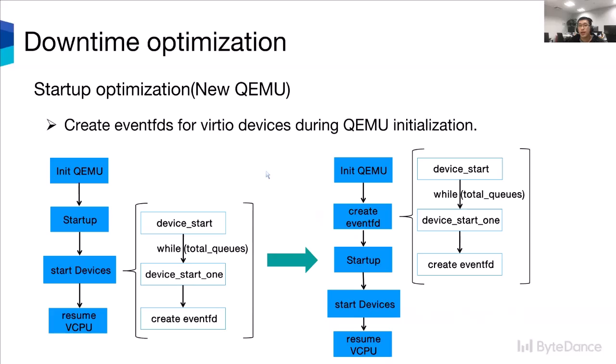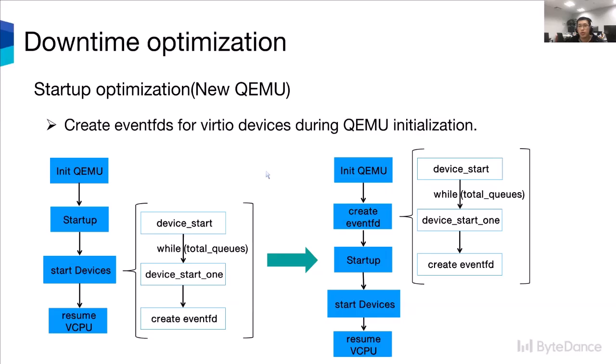In the normal VM startup logic, first event FDs are initialized with the device startup, then vCPUs are resumed. So the VM downtime contains the initialization of device event FDs in this way. Inspired by the optimization of VM suspend, we can pre-create the device event FDs during the QEMU initialization, because the VM downtime doesn't contain the new QEMU initialization.